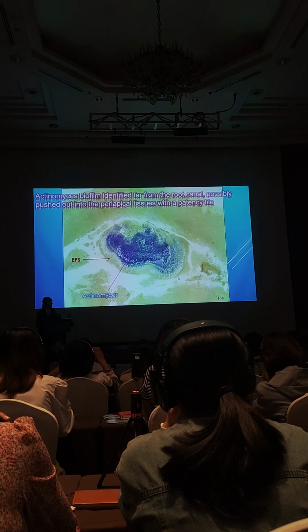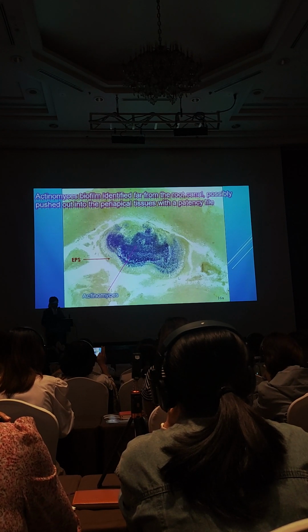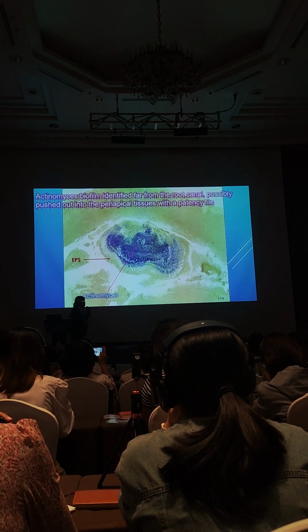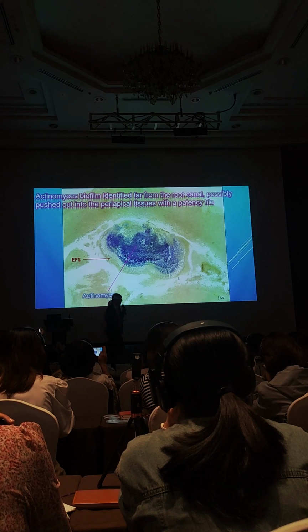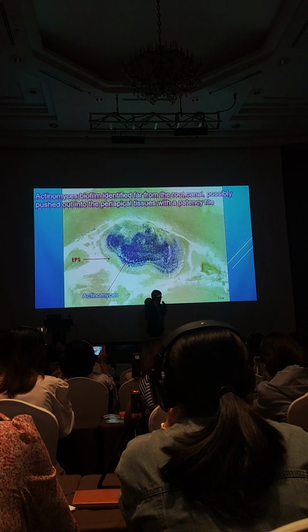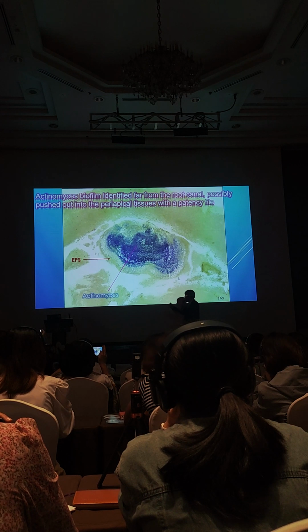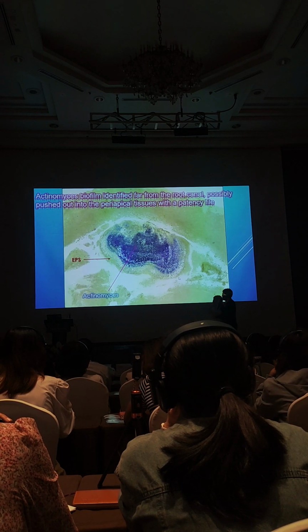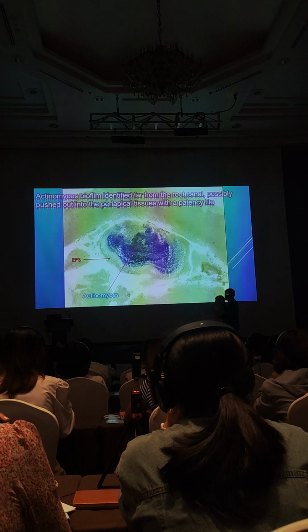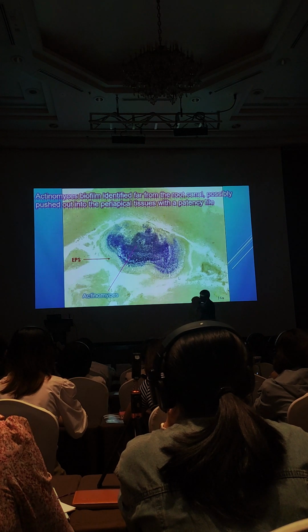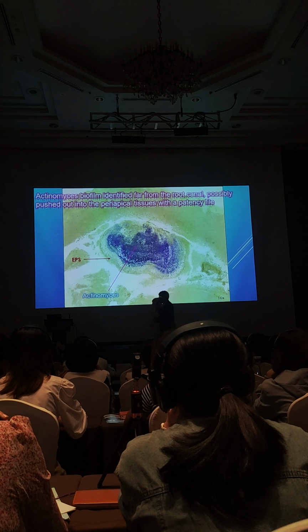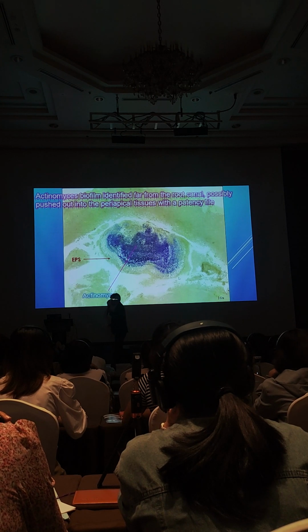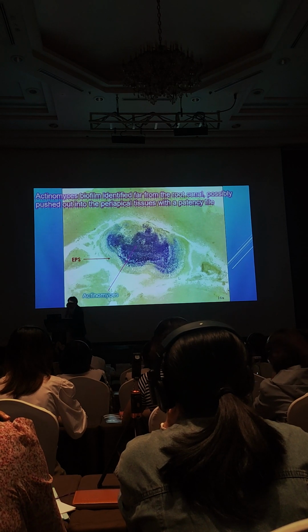Because of the EPS, you cannot remove the biofilms. The host immunity will fight against biofilms, but it's useless to remove the biofilms, even inside the body, not inside the root canal, even inside the periapical tissues. It's almost impossible to remove the biofilms because of the EPS, extracellular polymeric substance.